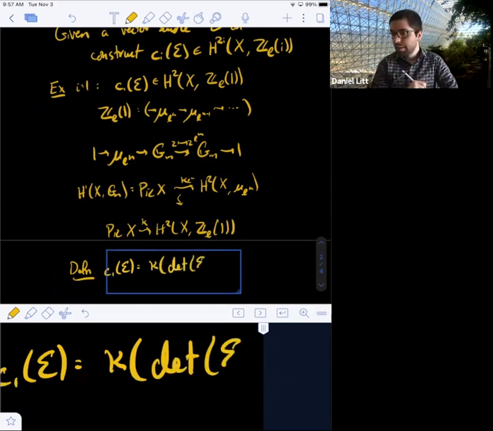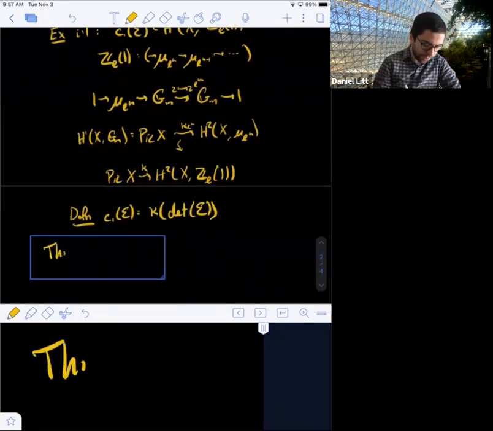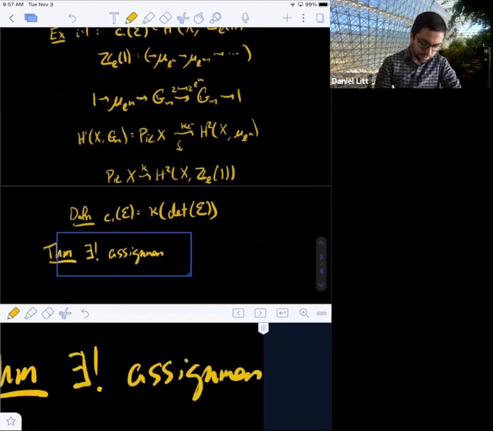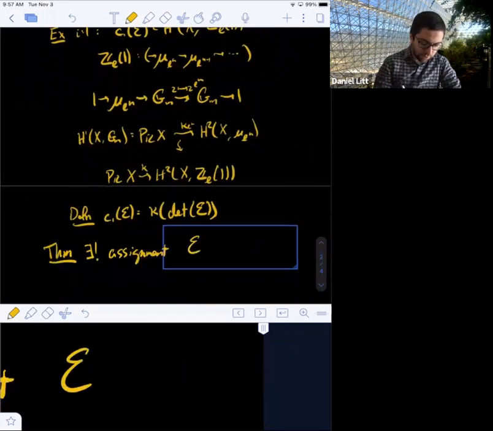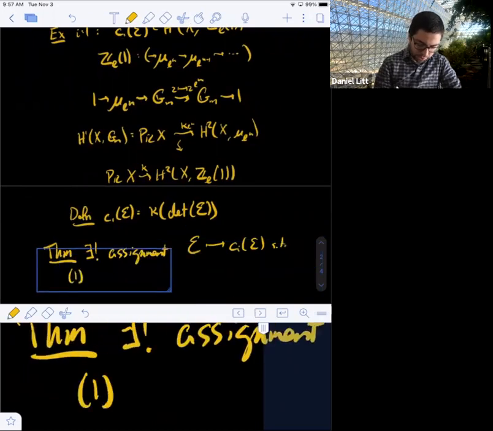So the top exterior power. Okay, and then the theorem, which I'm not going to prove, but I'll say a word about the proof, is that there exists a unique assignment E goes to c_i of E, satisfying the following three properties. One, it's functorial under pullbacks.